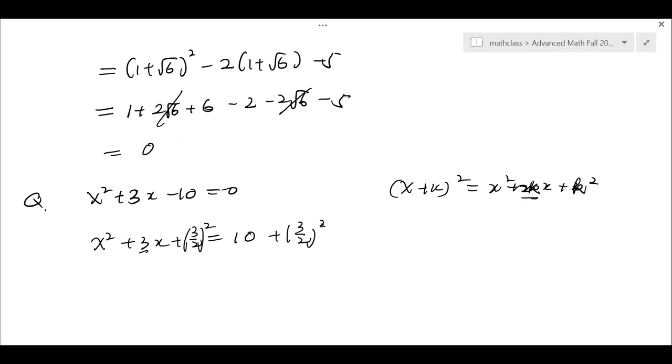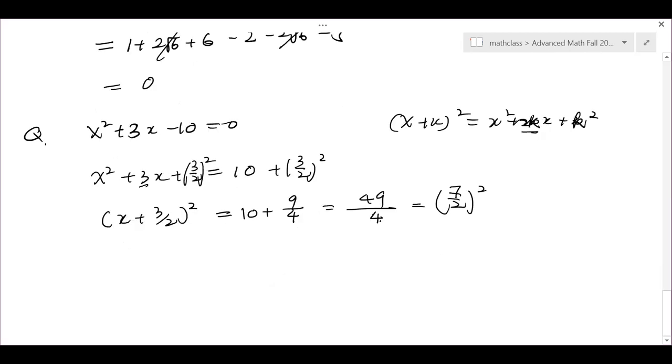Then this side, (x plus 3 over 2) squared equals 10 plus 9 over 4. 9 over 4 is going to be, 10 plus 9 over 4 is 49 over 4. And actually, 49 over 4 is, 49 is 7 squared and 4 is 2 squared. So it's going to be (7 over 2) squared.